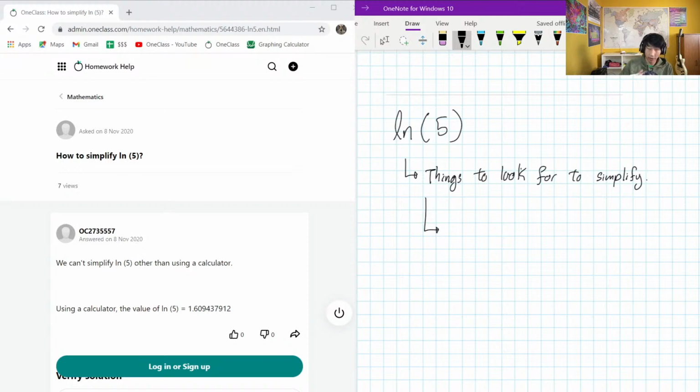The things that we generally want to look for when we are simplifying logarithms, logs, are coefficients on the logarithms. And when we see a coefficient, we want to convert to powers.